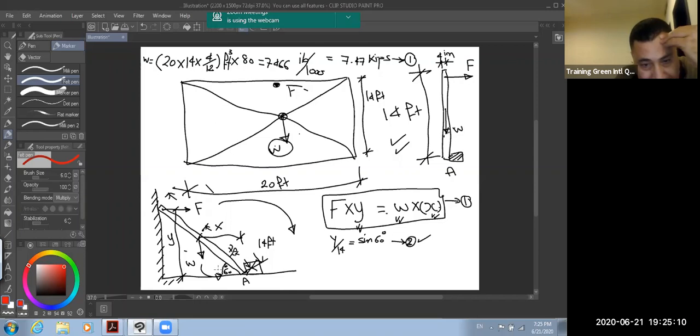So X over 7 feet is equal to cosine 60. So X over 7 equals cosine 60. So I got X, Y, and the W.